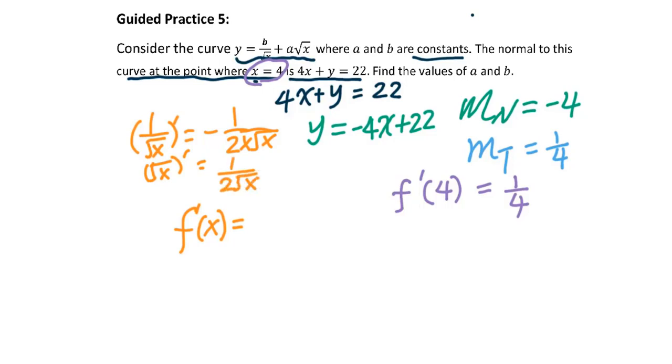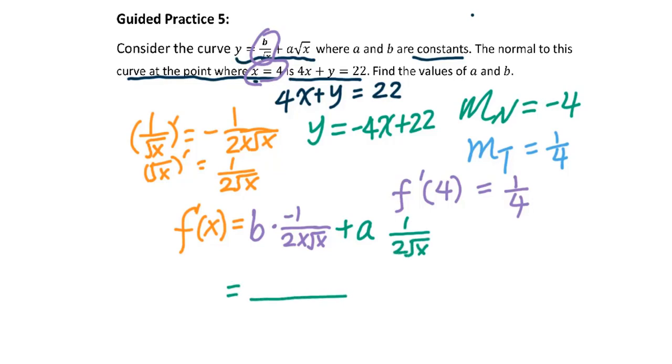Therefore, for this f prime of x, b is a coefficient: negative b over 2x square root of x, plus a times 1 over 2 square root of x.